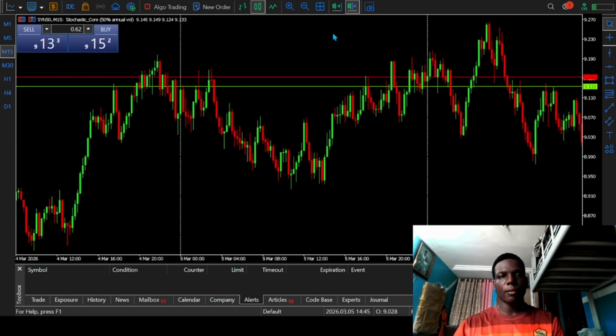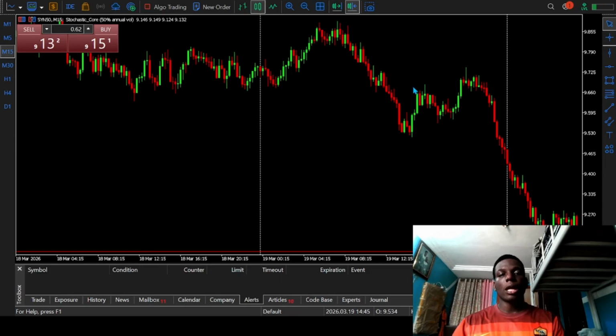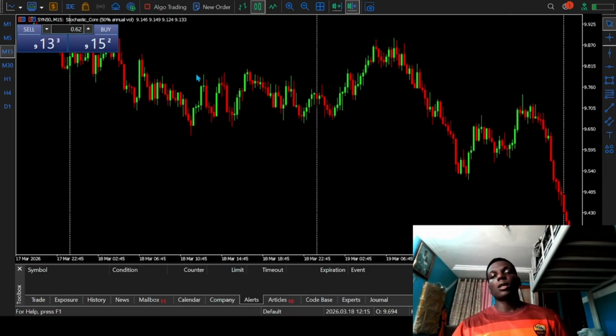The trade I took, I took around here. I was looking for a sell, but by the time I sold here, the market wanted to retrace before going in my direction.